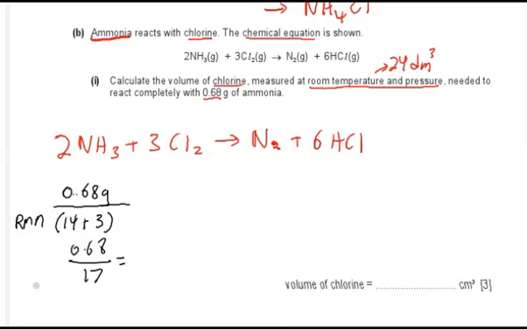Okay, so use bond energy in the table to determine the energy change for the reaction between ammonia and chlorine. First is the energy needed to break the bonds.